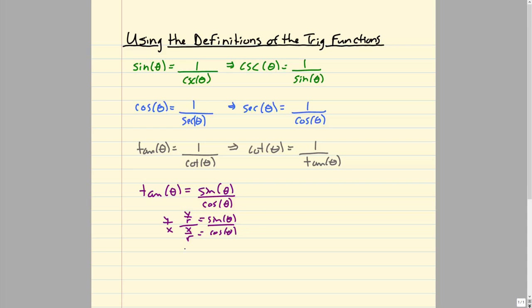And remember our rule, when you divide by a fraction, you multiply by the reciprocal. So this would flip and these would cancel and we'd be left with y over x. And so it comes right back to sine theta over cosine theta. So tangent is equal to sine over cosine. And then we can also say that cotangent of theta is equal to the cosine theta over sine theta.